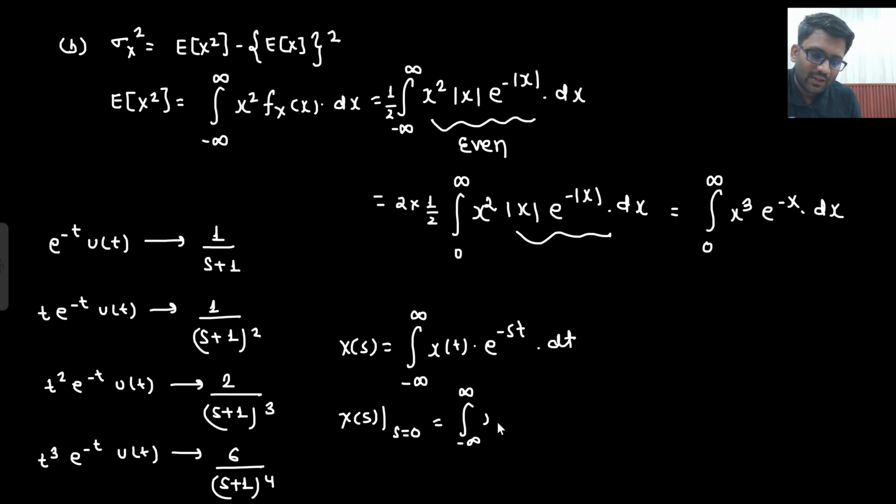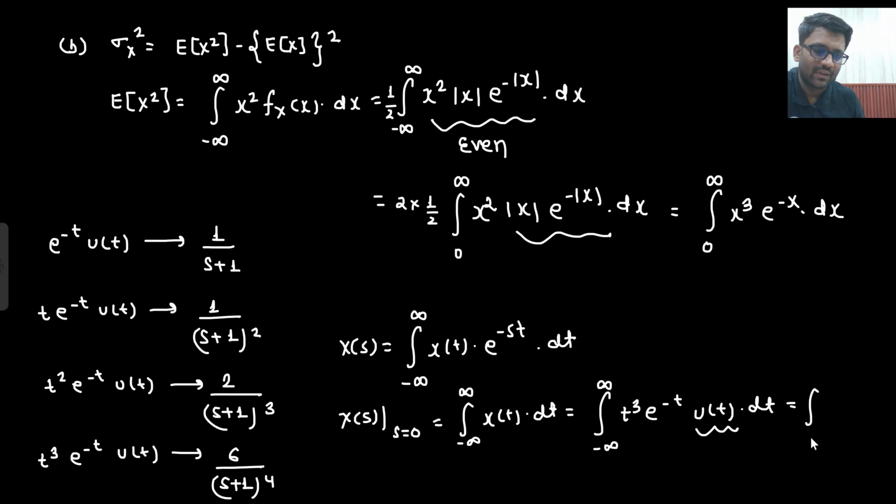Minus infinity to infinity x of t dt. What is our x of t now? Minus infinity to infinity t cube e to the power minus t u(t) dt. Because of this u(t), the limit can change from 0 to infinity. So 0 to infinity t cube e to the power minus t dt.